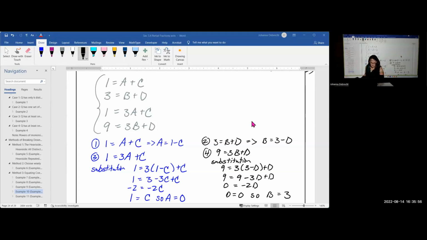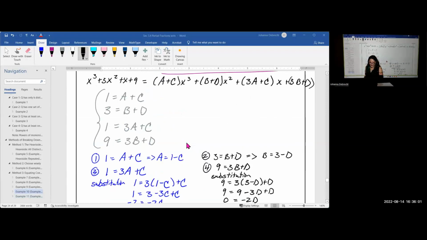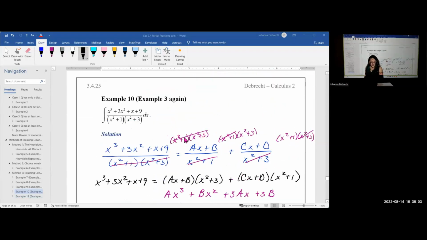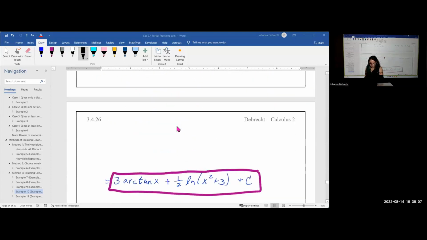Now I want to go back to the original equation, and I want to rewrite what the expression is again. So it looks like I'm going to need some more space here. So let me add in a little bit more space, and then we'll start working out the rest of it.